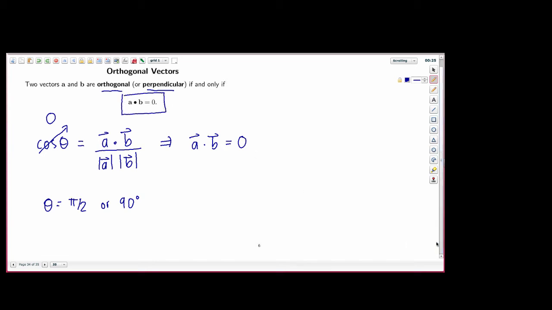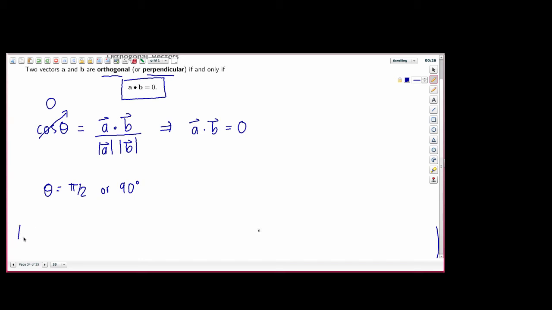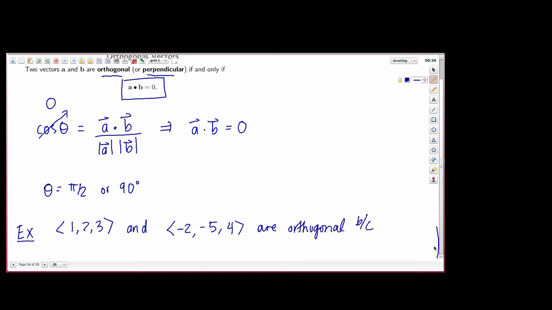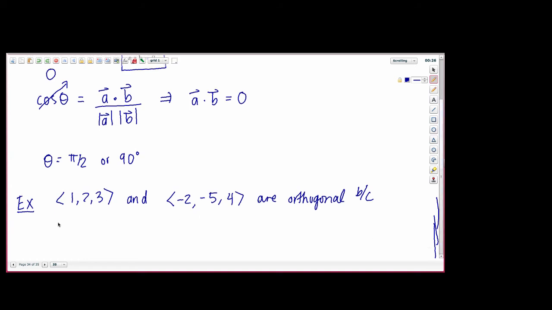So as an example, we know that the vectors 1, 2, 3 and -2, -5, 4 are orthogonal because if we compute their dot product, we get 1, 2, 3 dotted with -2, -5, 4.